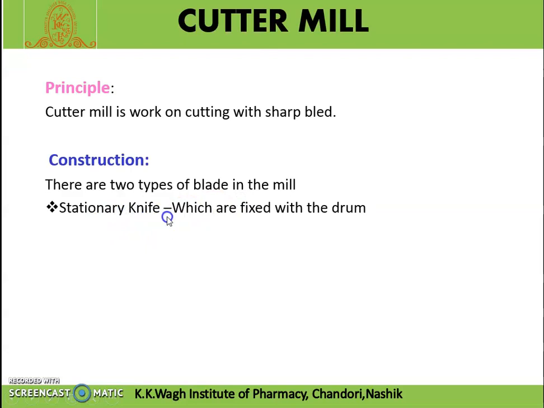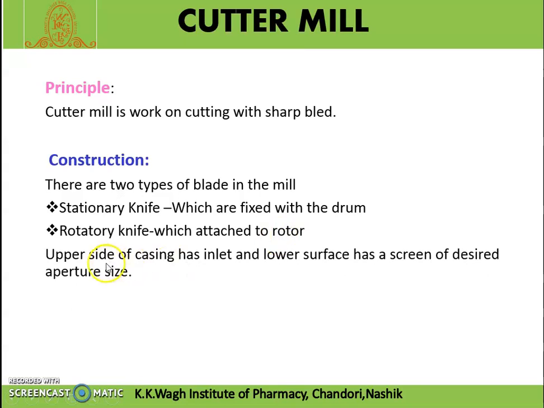First one is stationary knives which are fixed with the drum, and second are the rotary knives which attach to the rotor. The upper side of the casing has an inlet, and the lower surface has a screen of desired aperture size.